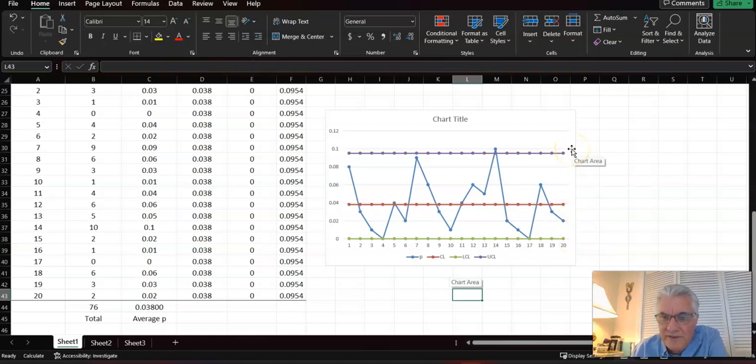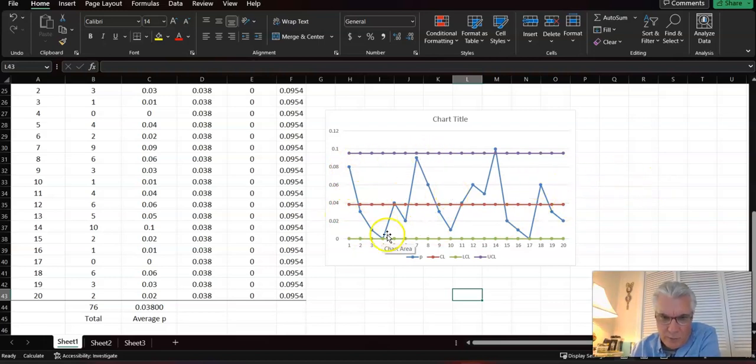Therefore, the process is not in control because you already have a sample day that is beyond your upper and lower control limits. I will say, though, as an operations director, if you see data like this even before you took your additional sample day, this is already out of control.